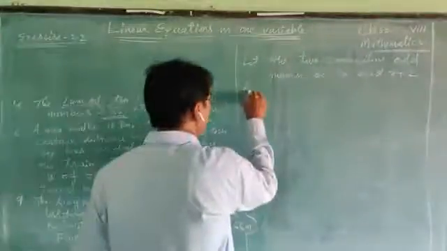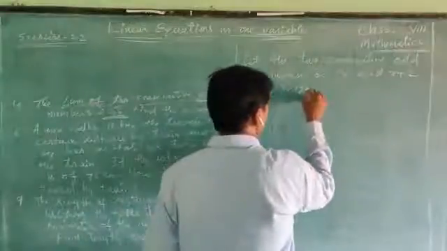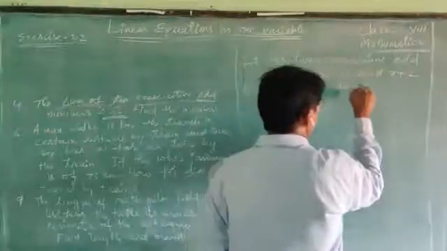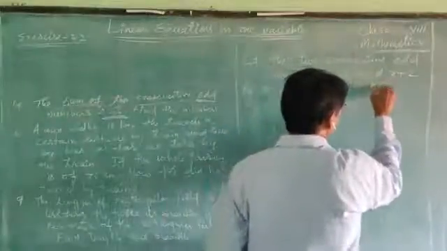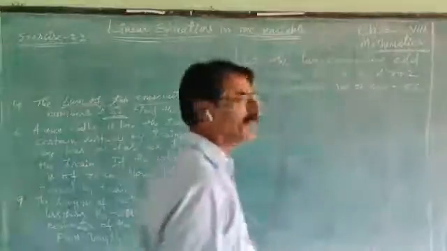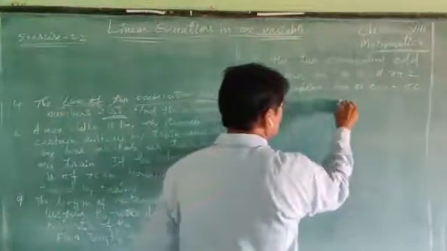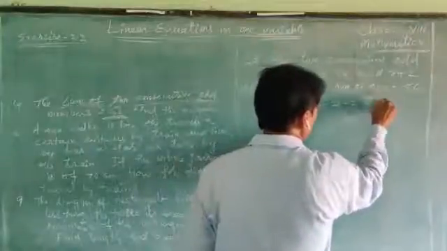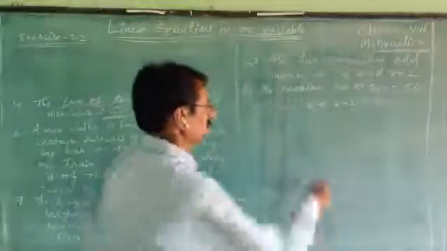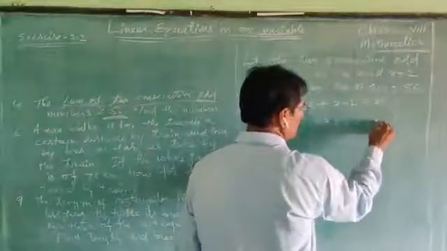So by the problem, the sum of them equals 56. Therefore, we can write x plus x plus 2 equal to 56. Sum of these two numbers equal to 56. x plus x, 2x plus 2 equal to 56.